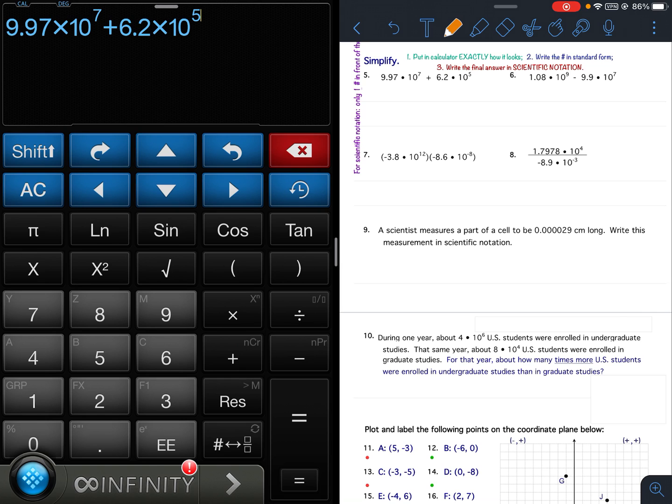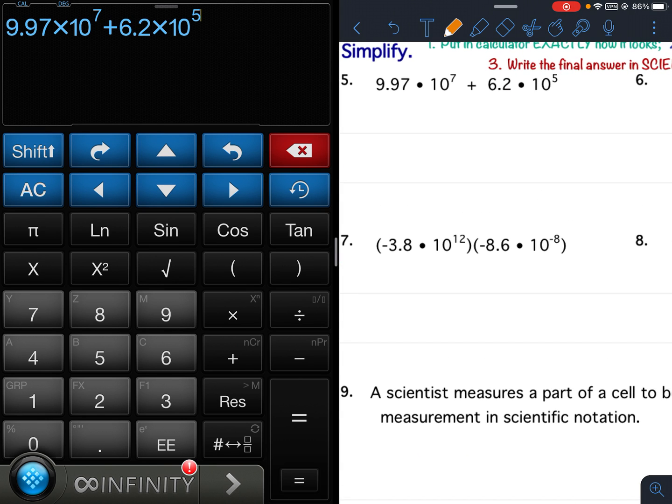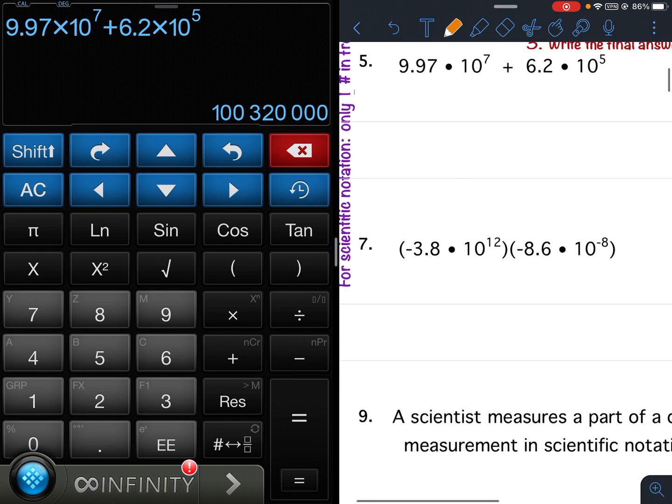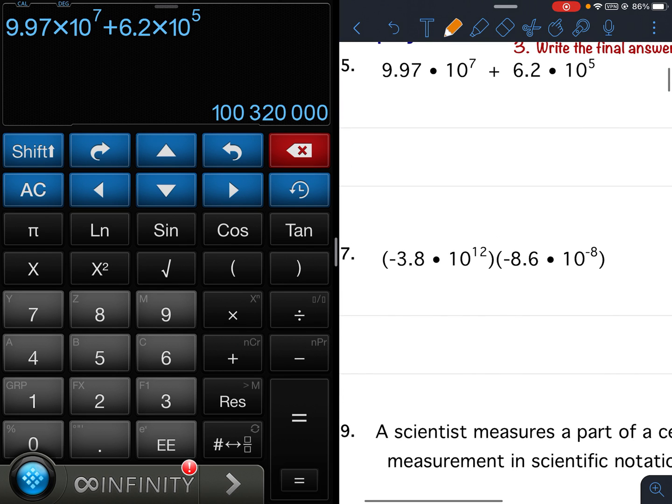So let's just double check. 9.7 times 10 to the 7th plus 6.2 times 10 to the 5th. Okay. Let's put them on the calculator, write the standard number down, and then we'll change them. So this would be 100,320,000.